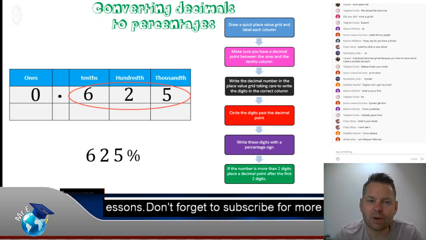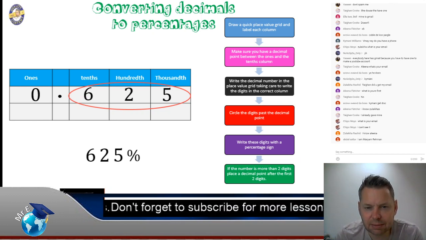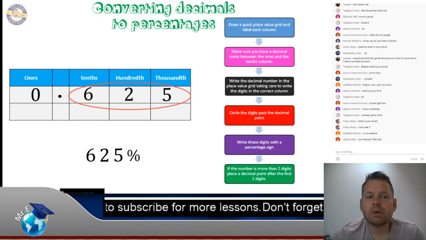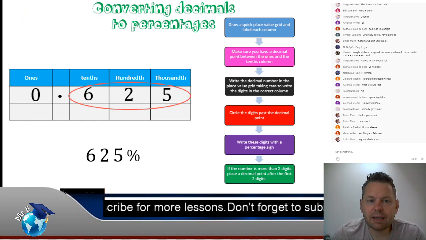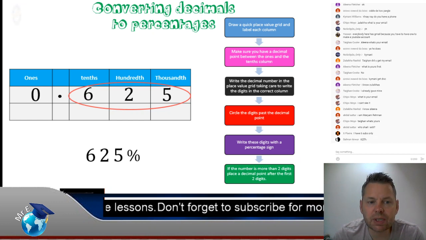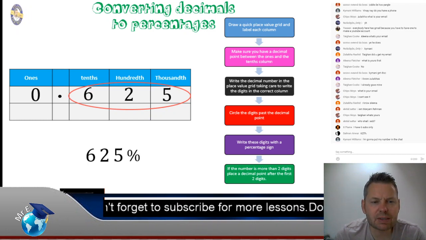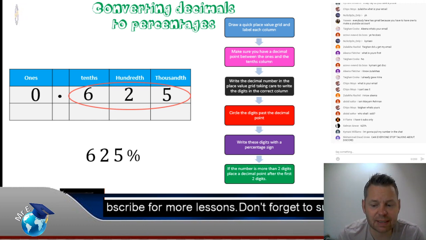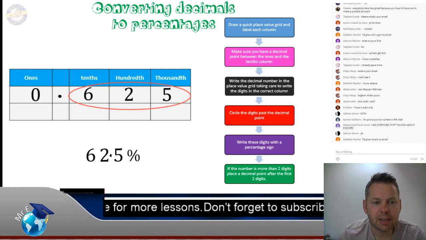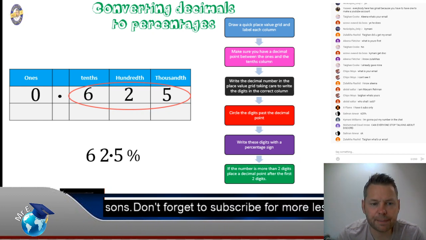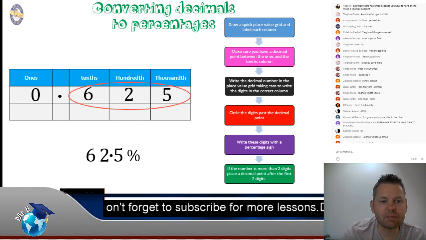But hold on, it's not 625% because it's not over 1. So if there are 3 digits in the percentage, after the first 2 digits, you're going to place a decimal point. So we've got 625, but we look at the first 2 digits, 62, and after that 62, we put a decimal point. So it becomes 62.5.